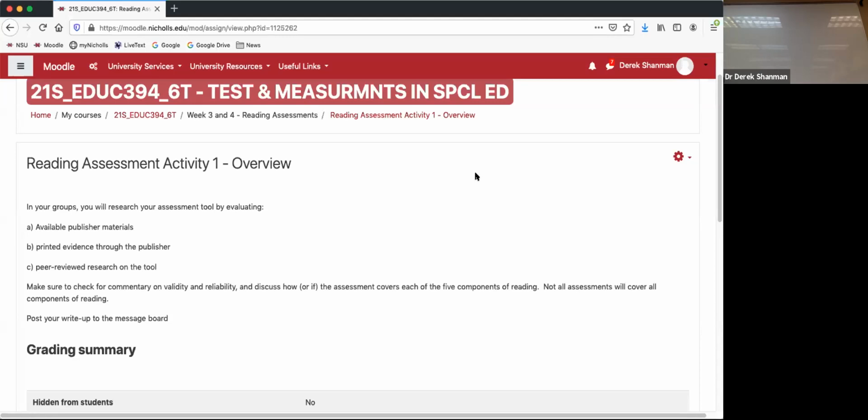What's available to you in terms of identifying all of this information? For DIBELS, like I said, there are a lot of resources on their website. So just go straight to their website, which is on the Moodle page. QRI, Pearson has some resources.